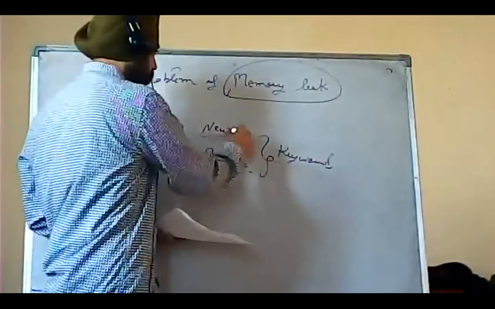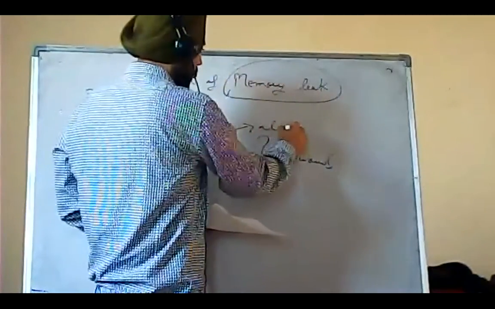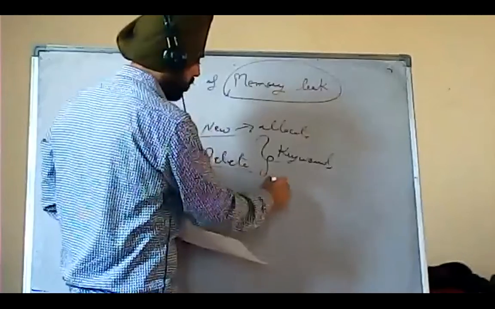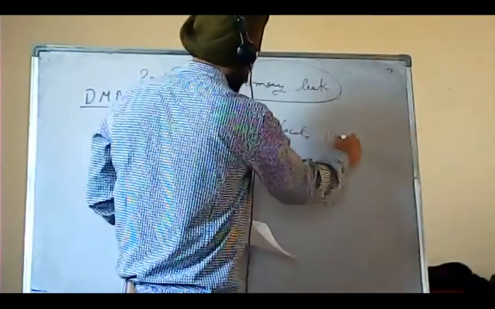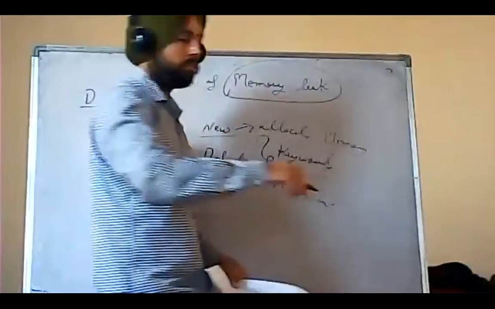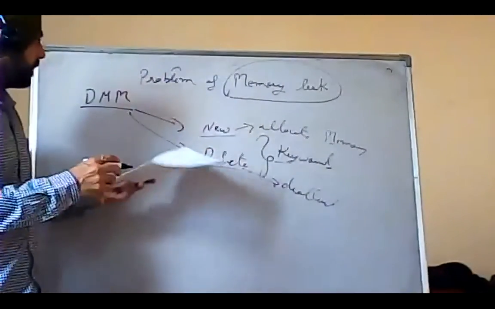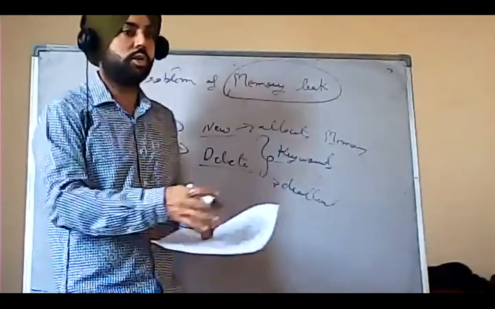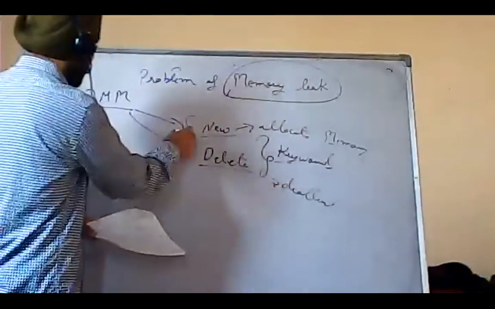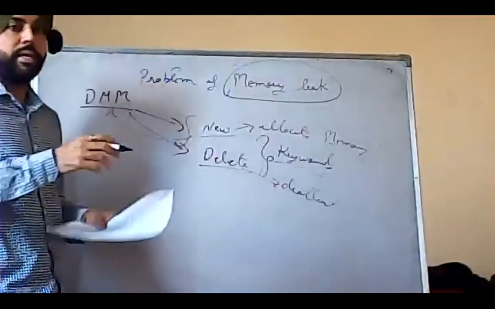So with the help of new, we allocate the memory, and with the help of delete, we deallocate the memory. New is specifically for allocation of memory, and delete is specifically for deallocation of memory. But in this case, they are used with the help of dynamic memory management.